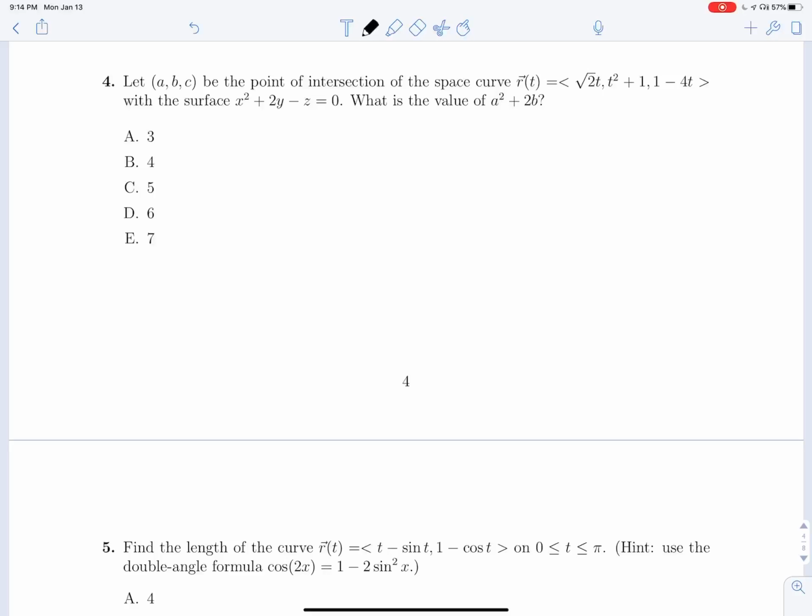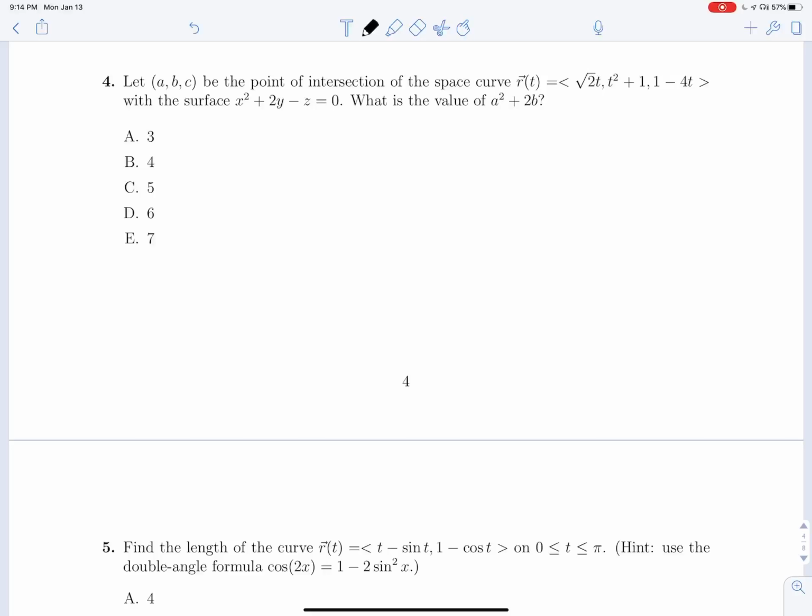So we know that when our curve intersects our surface here, we want the x-coordinate of our surface to match root 2t, and the same goes for the y component matching y over here, etc. So all we have to do is substitute in root 2t for x over here, t squared plus 1 in for y, and so on.